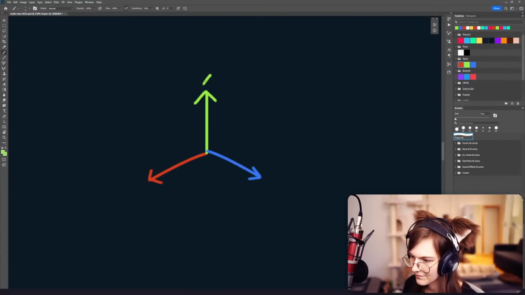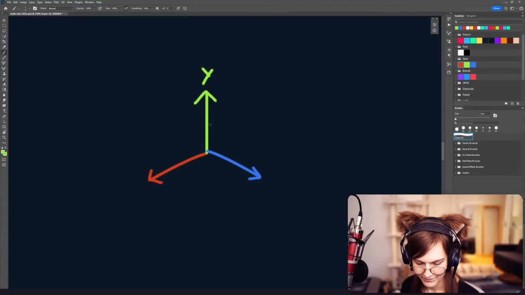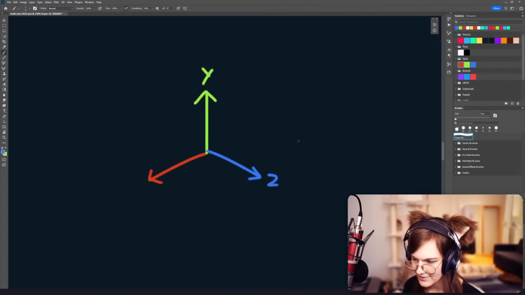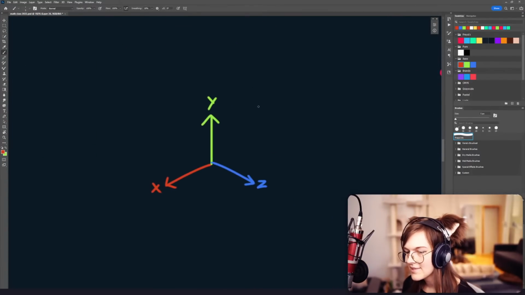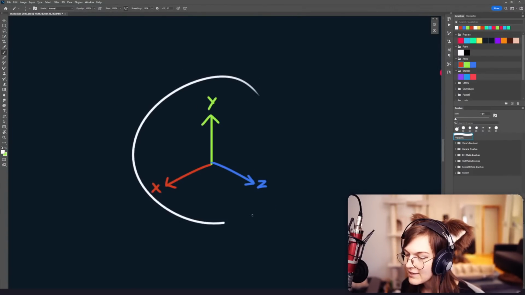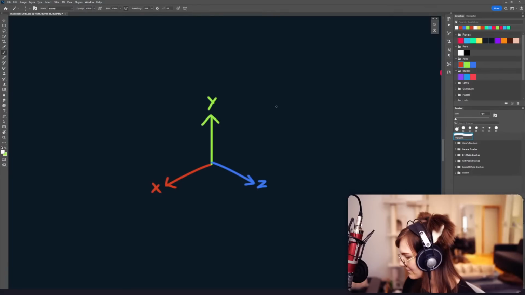So when you conceptualize rotations in 3D, I want you to think about this. This is what I want your mental model to be when you're thinking about orientations.